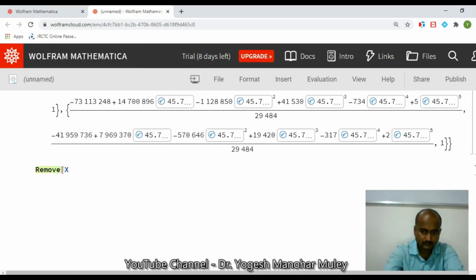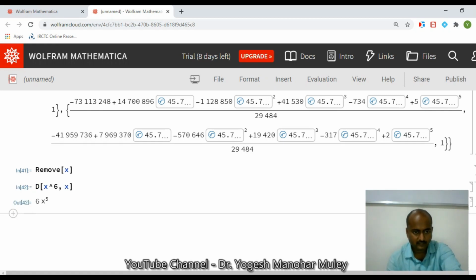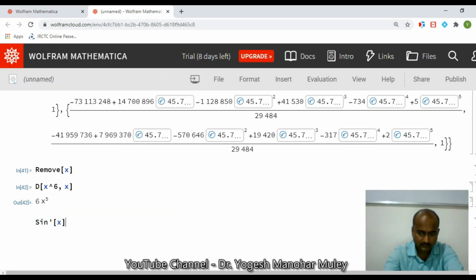This will clear the value for x as well as the variable x. Now I can use our derivative, x raised to 6 comma x. This will give the derivative of x raised to 6, that is 6 x raised to 5. Again, using prime notation on sin x, this will give us the first derivative of sin x.